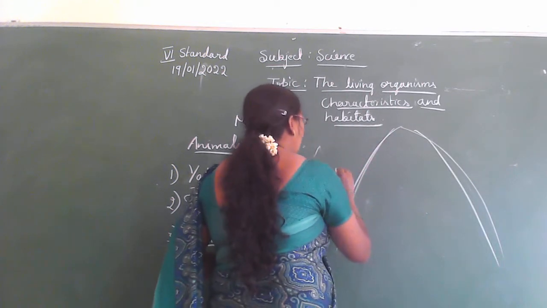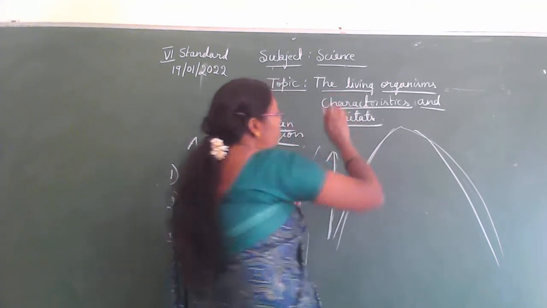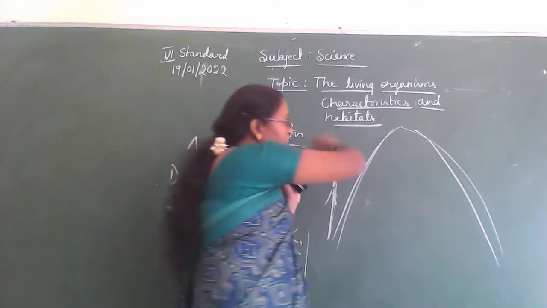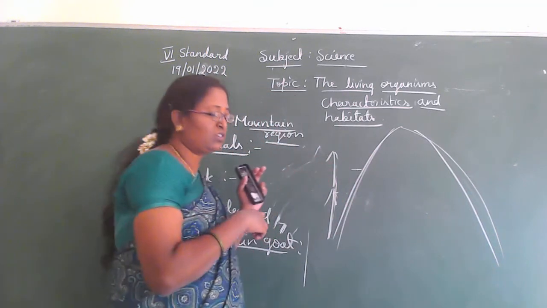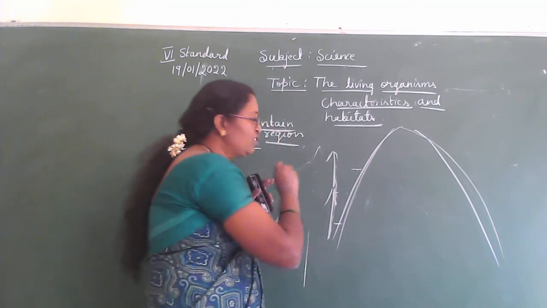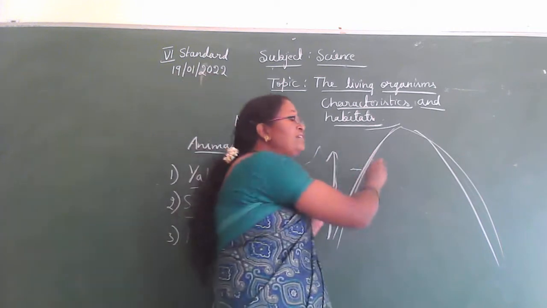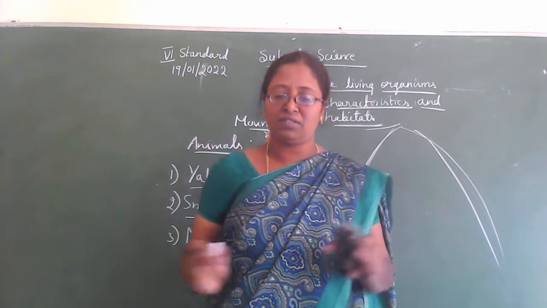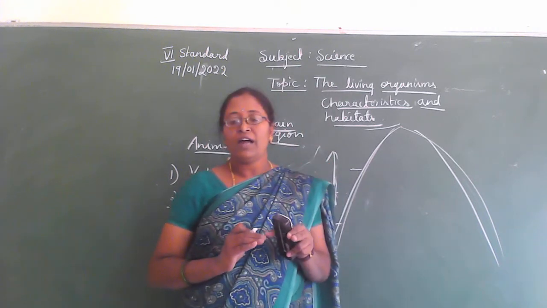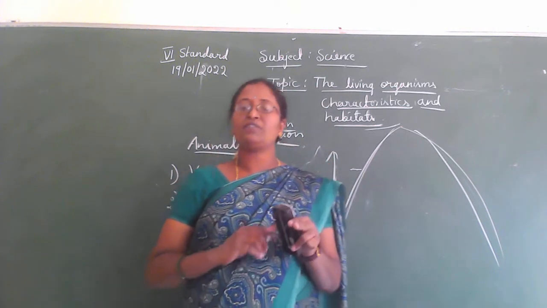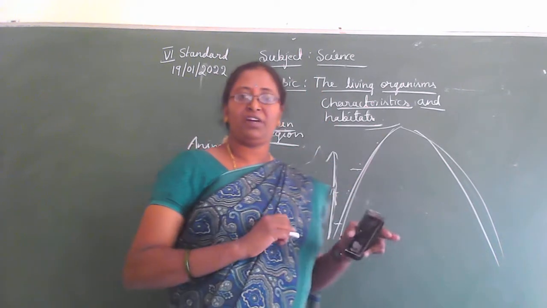So as we go high up in the mountain, what happens? The surroundings of this region are different from this region, and this one is different from the top of the mountains. So the surroundings of that region change, and the adaptations also change, and we can see different kinds of regions at different heights of the mountains.